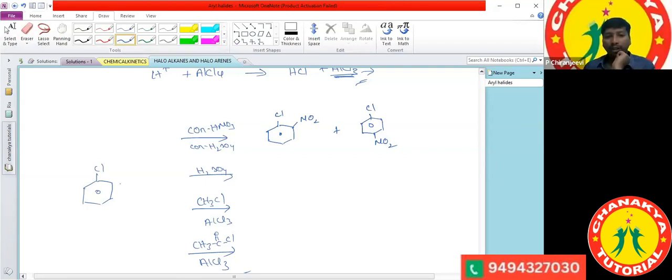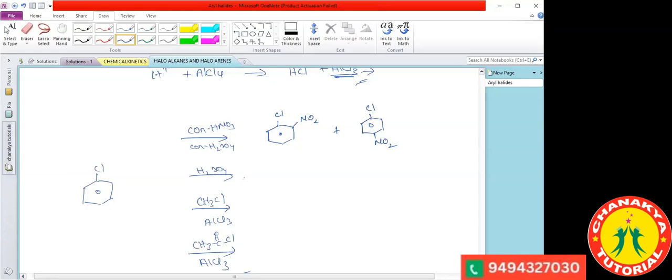So next, chlorobenzene reacts with sulfuric acid. In sulfuric acid, what is the electrophile? HSO4 minus?